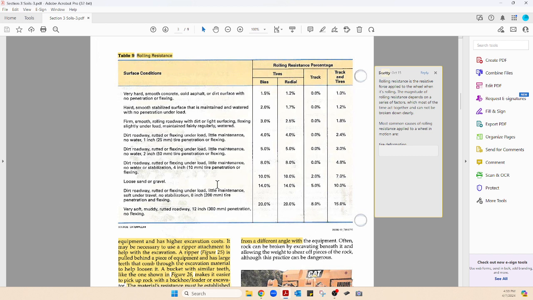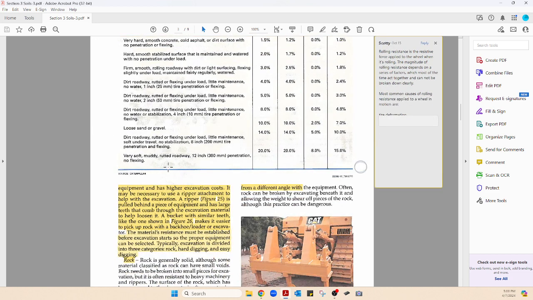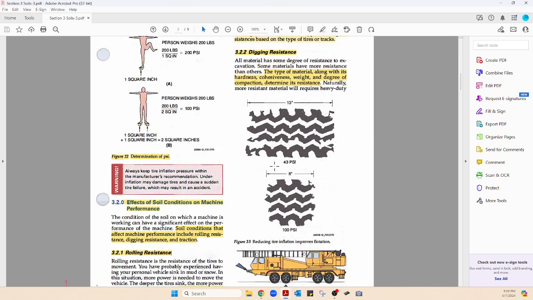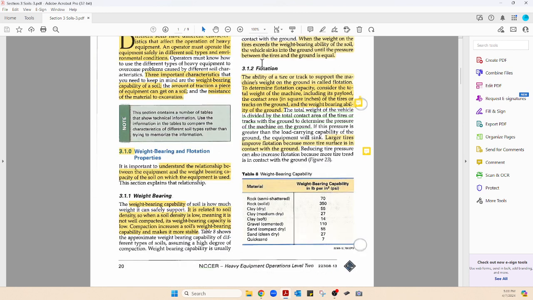So we're going to keep the flow going and see if I can find flotation. That's the resistance in the soil that we'll get to next. This was about flotation. We'll get to digging resistance.